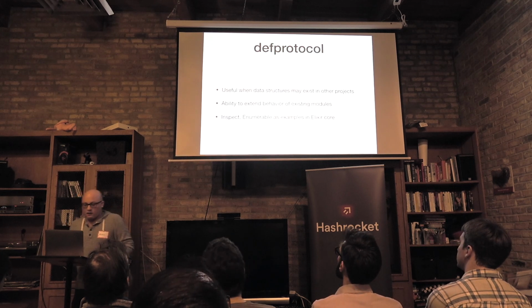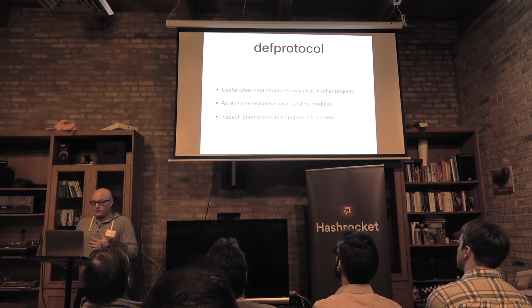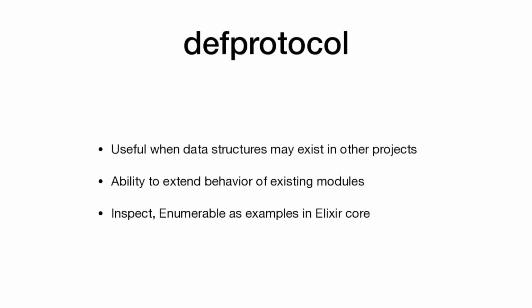Cool. So defprotocol, truthfully, I don't really use this too often, and when I was preparing my talk, I actually had some insight as to why I don't use this. I think it's extraordinarily useful if you don't control both sides of the data structure and the pipeline that's operating on the data structure.